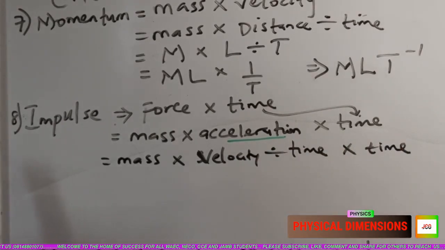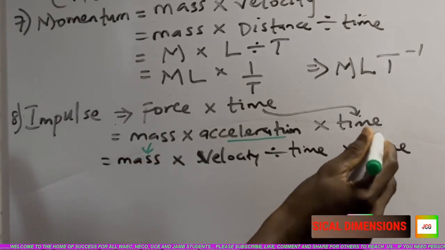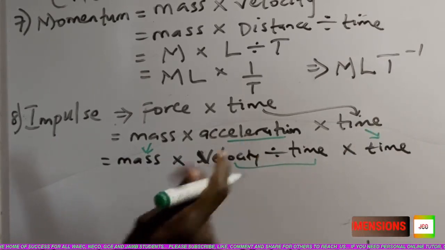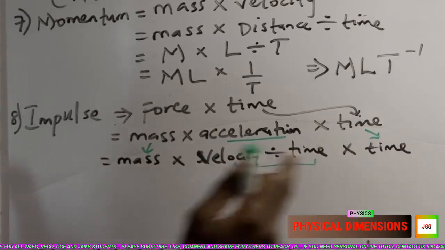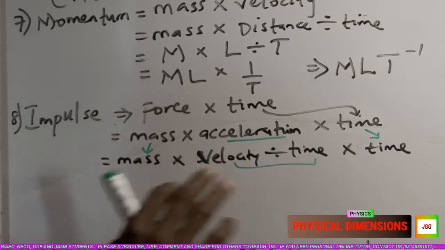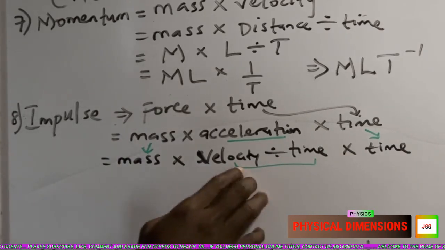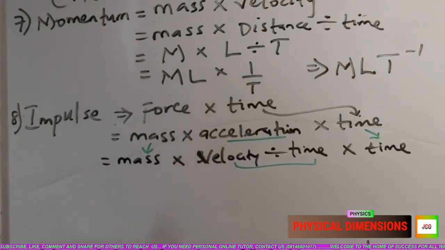Please take notes. This mass I have here, this is it. This time I have here, this is it. This velocity divided by time is what I have as acceleration. These guys that are physical dimensions already, don't touch them, just keep writing them down until we get to the point where everybody's okay. Then we can convert everybody at once. Notice velocity is not a physical dimension, so I need to still break down velocity.